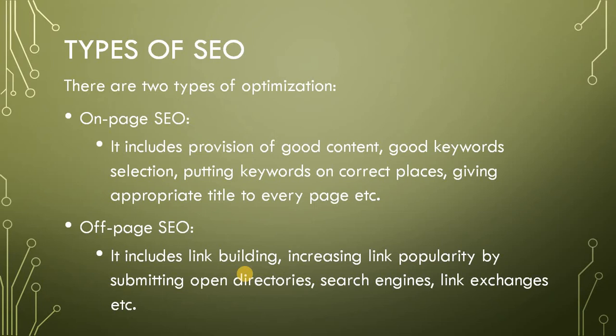When we are using on-page SEO, we have to choose proper keywords, the title, and the metadata, so that it will help the search engine to know what the page is about and what the contents of this page are. So looking at the contents, the search engine can decide whether this website should be displayed or not.